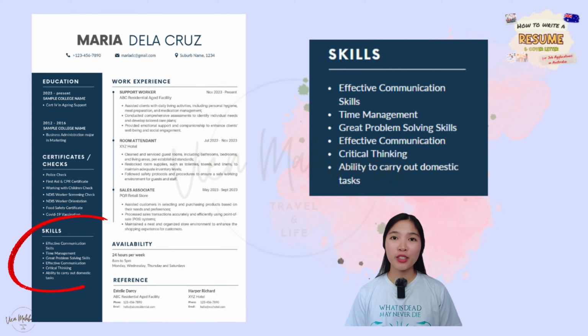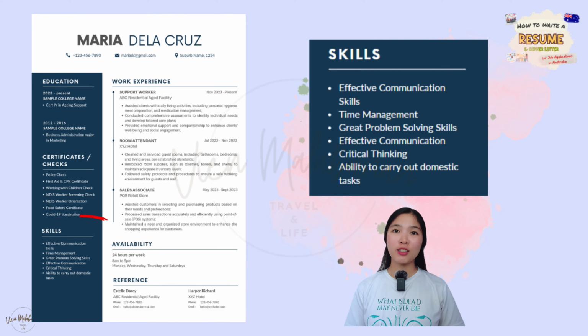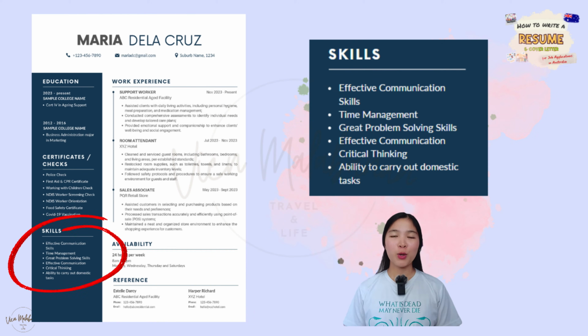After this section are the skills that you have, such as soft skills or hard skills. What's the difference between the two? Hard skills are technical skills or specialized skills related to the job that you are applying for. Soft skills, on the other hand, are workplace skills or how you approach your work. These are your attitude or your work ethics.